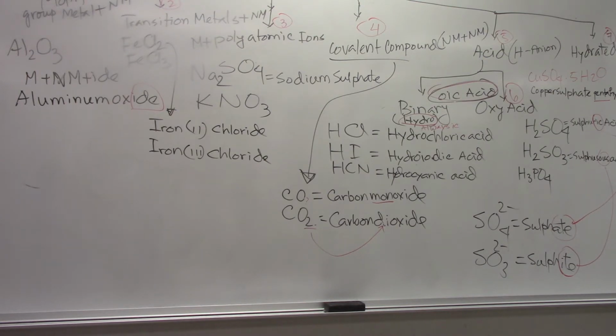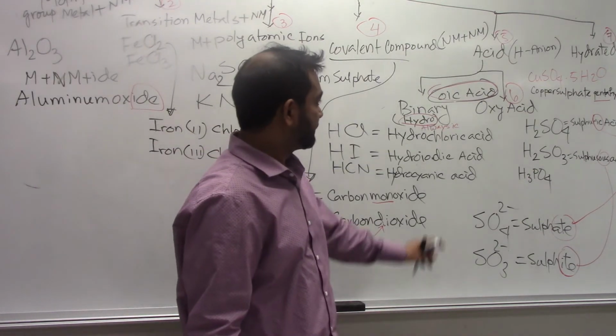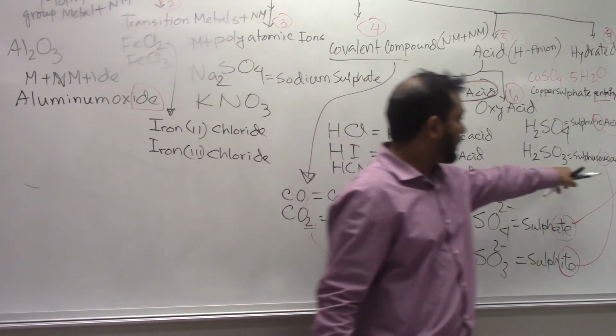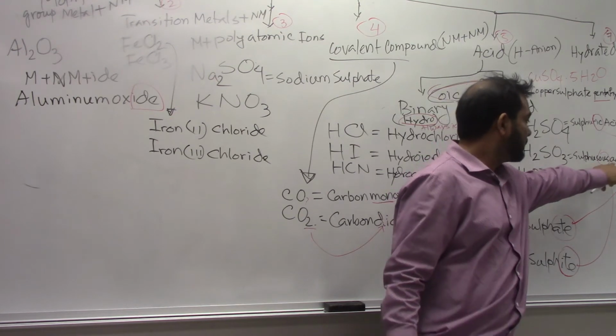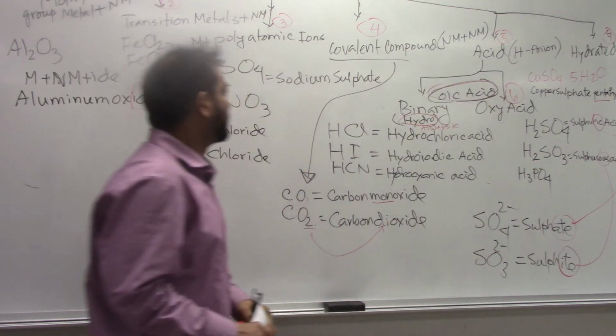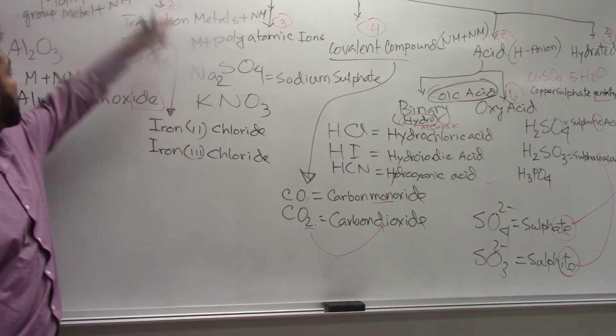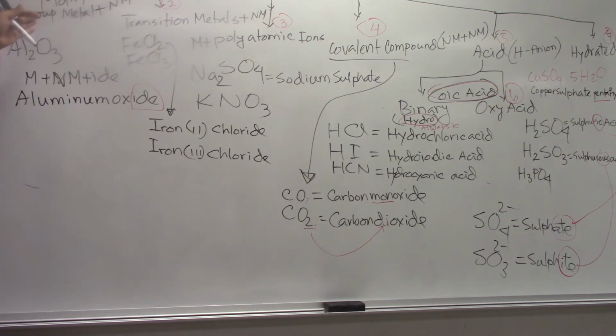Any question? Yes, sir. The acid SO3, what is the name? Sulfurous. Yes, sulfurous. And go back to main group. Main group is metal, non-metal, and then ide, aluminum oxide.